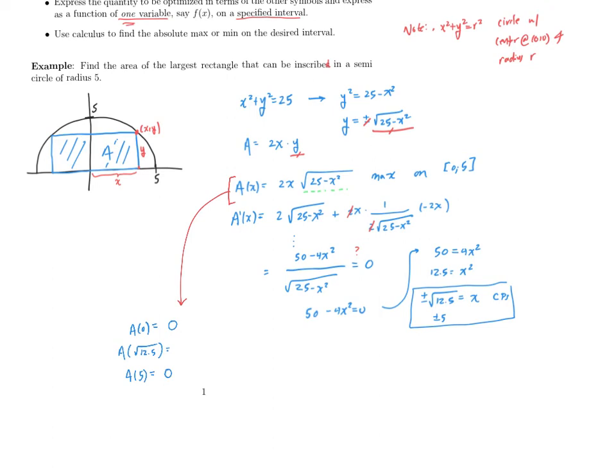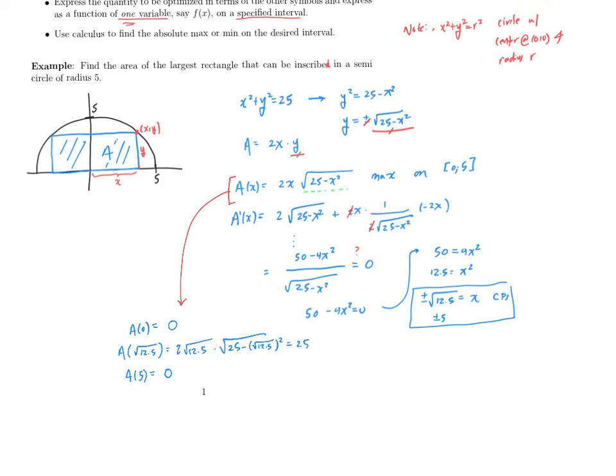If we substitute in the square root of 12.5, we would have 2 square roots of 12.5 times the square root of 25 minus the square root of 12.5 squared. And if you go ahead and simplify that, it ends up being 2 times 12.5, which is 25.